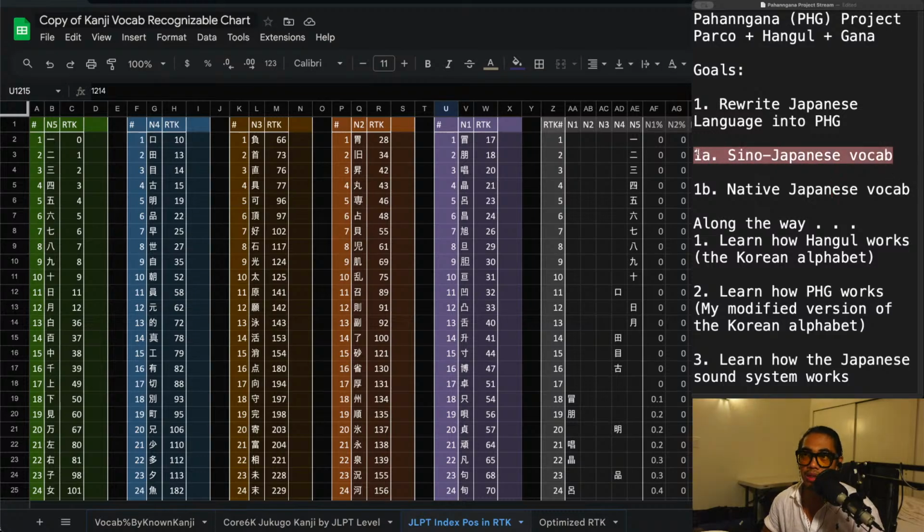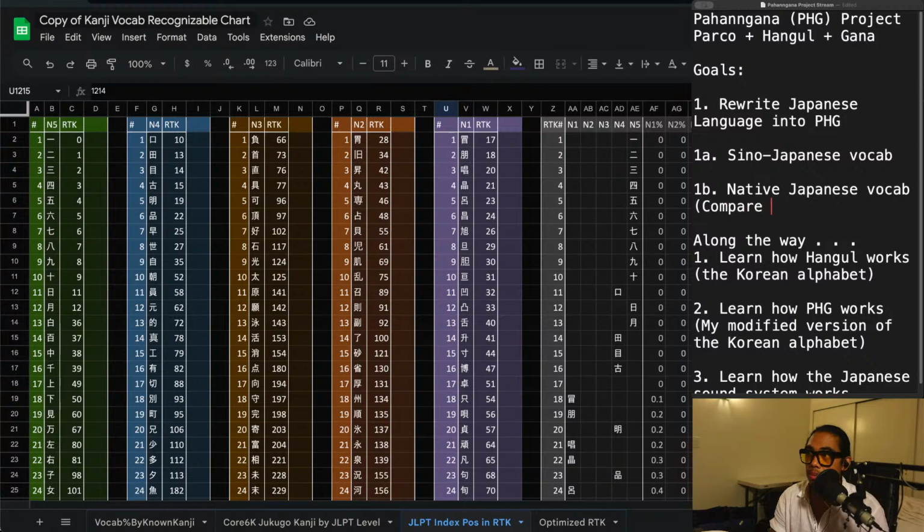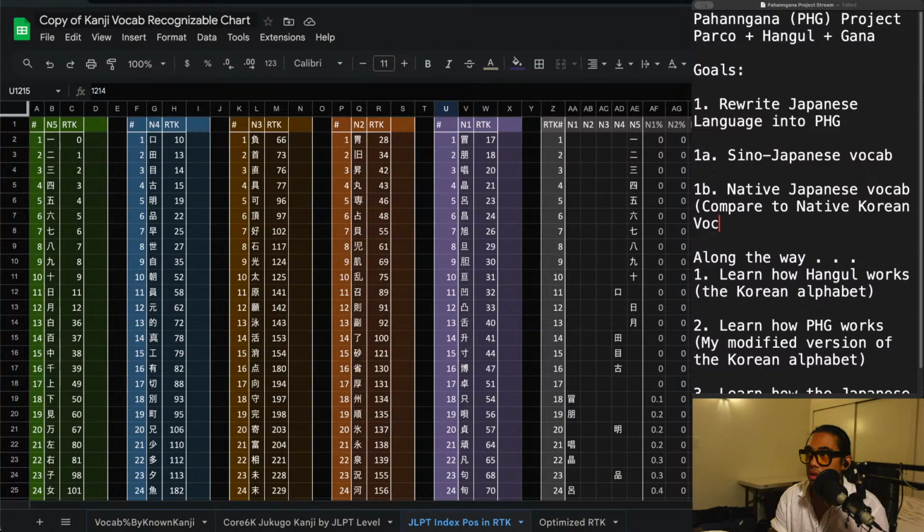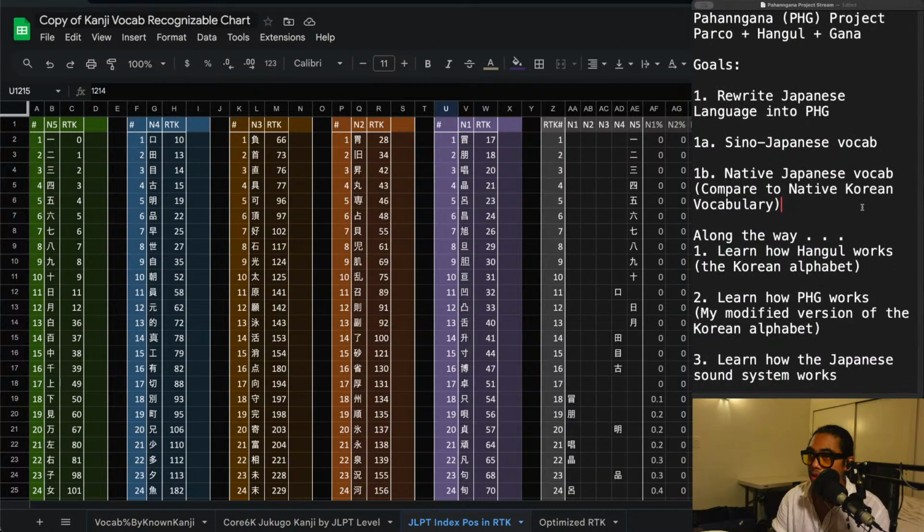I'm going to go through about 3,000 of these, of the kanji, and rewrite them. Then I'm going to make my way to the native Japanese vocabulary, and that's when things get very interesting. One of the sub-goals is to compare to native Korean vocabulary. That's when things get very, very interesting.